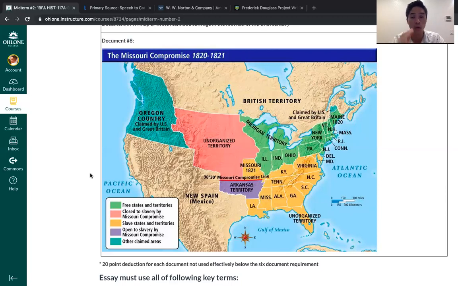But there's a reason why that ban is going to be beneficial for states like Virginia and South Carolina. Because if you cannot get your slaves from Africa, you're going to have to get them from somewhere else. And that somewhere else is obviously Virginia and South Carolina, which had a large population of slaves.